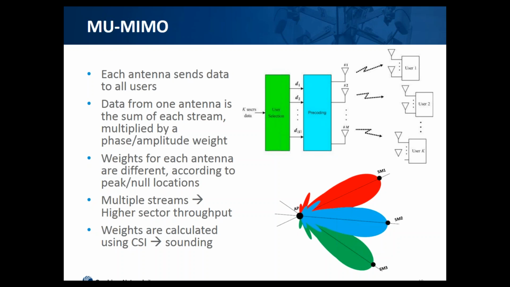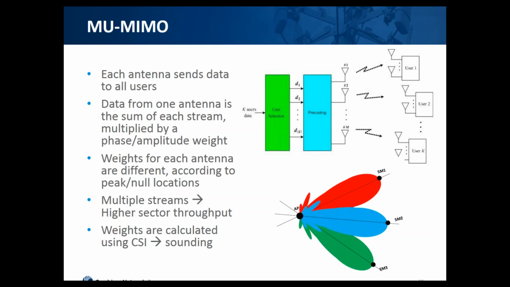All antennas talk to all users, but the data is multiplied by weights that make it readable only in the location of the desired user. How many users can an access point talk to at the same time? That depends on how many antennas we have with the same polarity at the access point.